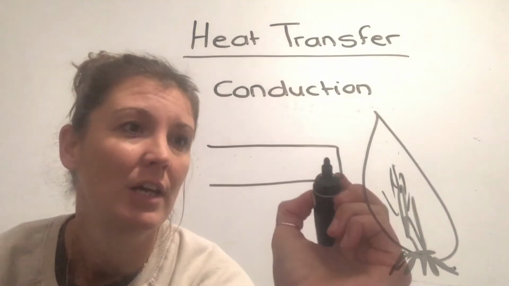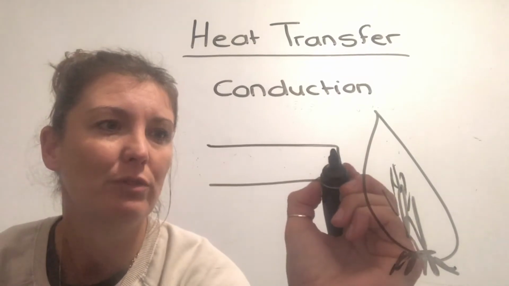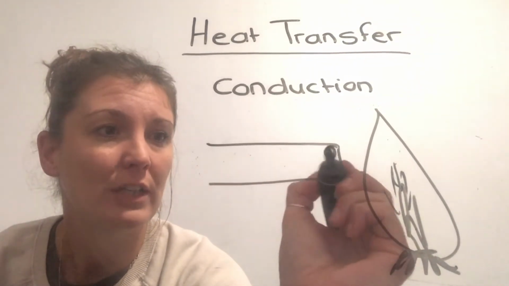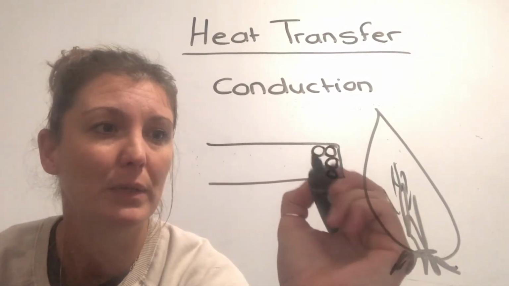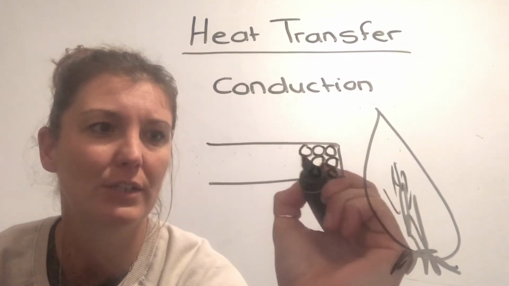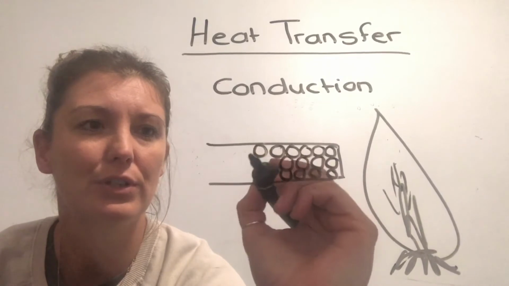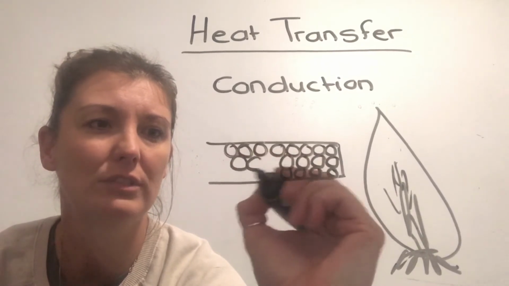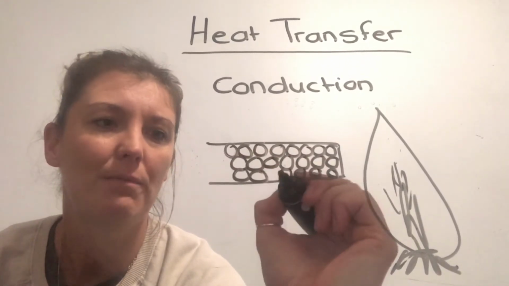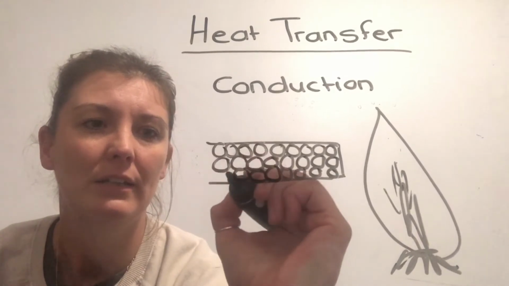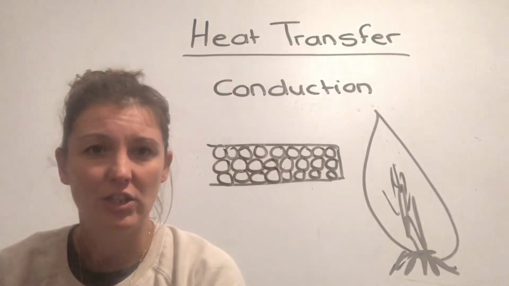Okay, so conduction. If we zoom into this metal rod, remember it's a solid, so we know the particles will be closer together. So instead of just little dots, we'll put little circles. These particles are there, they're not moving a lot. Remember, they're in a solid and they don't have a lot of energy.